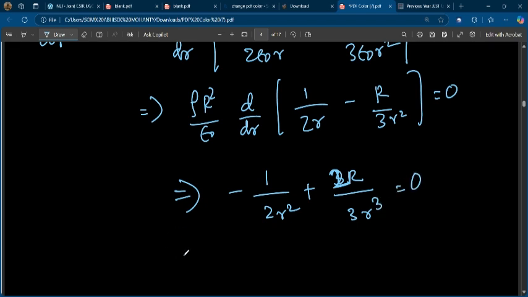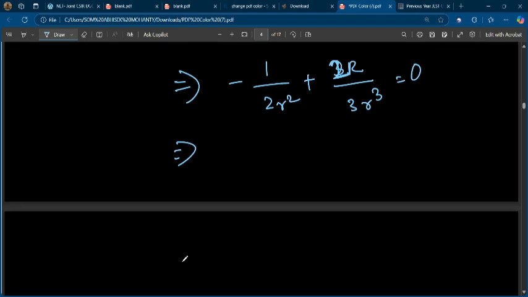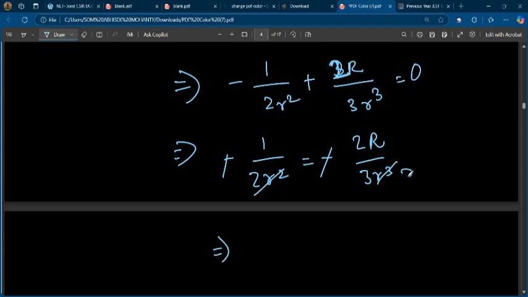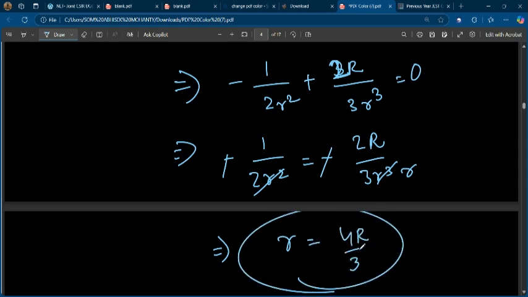So minus 1 by 2r square is equal to minus 2R by 3r cube. The minus signs cancel out. So r is equal to 4R by 3.